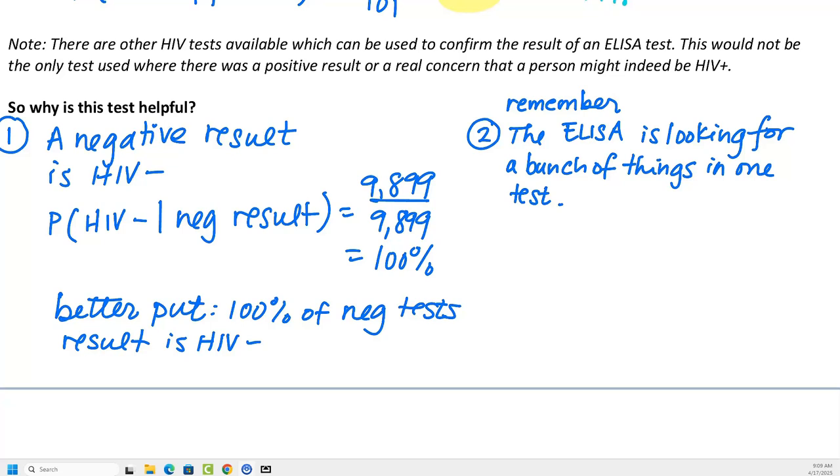And so where this is nice, you could get a positive result that you're pregnant, and then you could also immediately get a negative that you don't have HIV, right? If it comes back positive that you have HIV, is the doctor going to tell the patient that they have HIV?